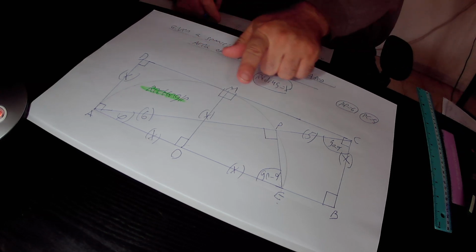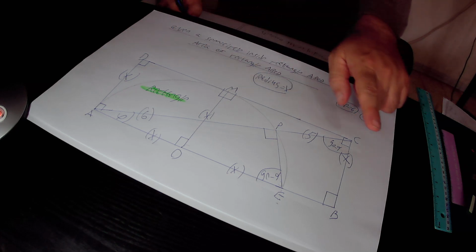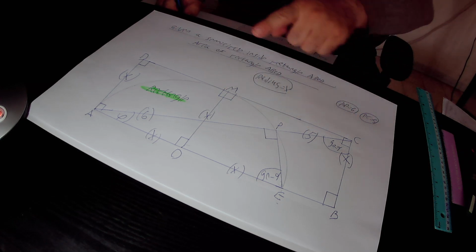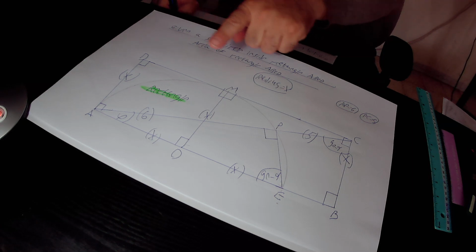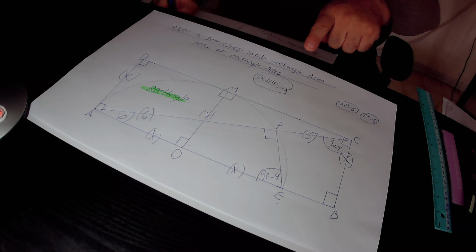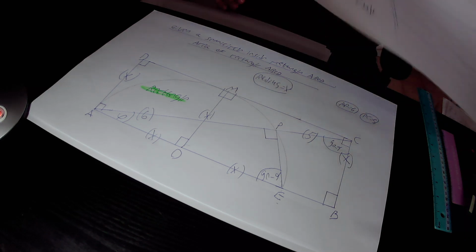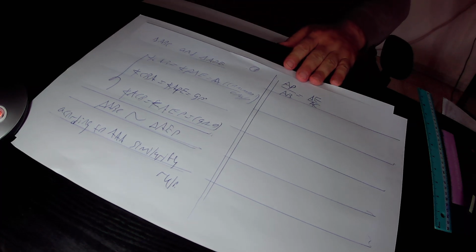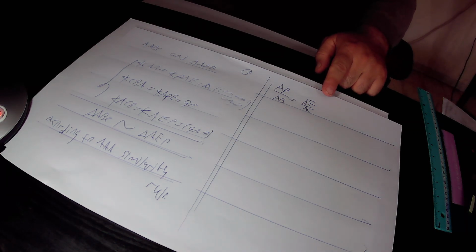We derive that side AP of the small right triangle APE over side AB of the big right triangle ABC is equal to side AE of the small right triangle APE over side AC of the big right triangle ABC. Repeat again.